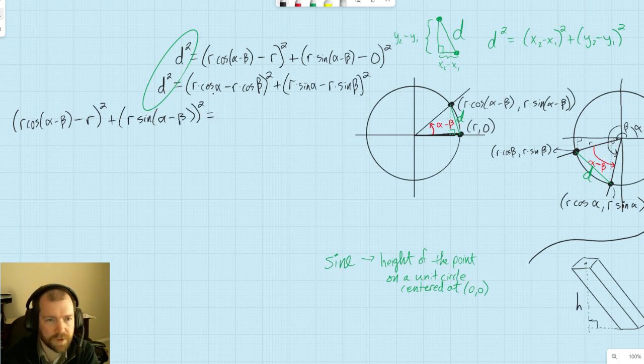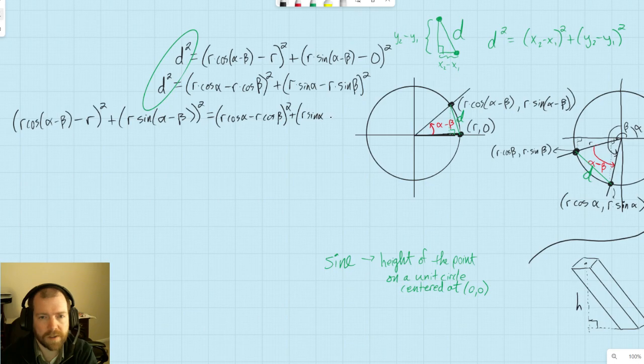And then that's equal to this whole right-hand side here. So (r cosine alpha minus r cosine beta) squared, plus (r sine alpha minus r sine beta) squared, because nobody ever proves it except me because I'm psychotic. And if you're following along or zipping ahead of me, you're going to see some really interesting stuff in about 2 minutes.